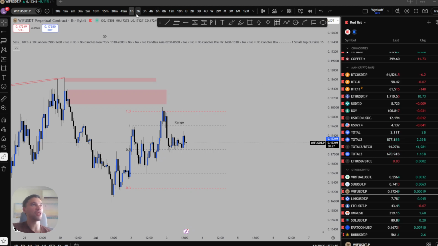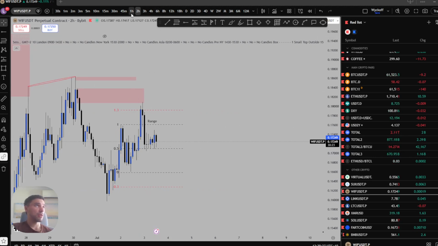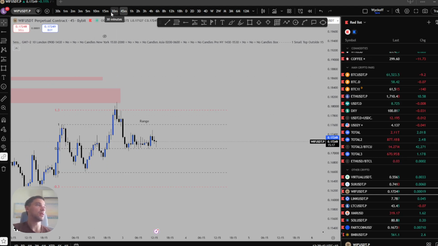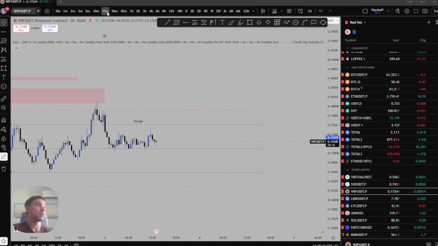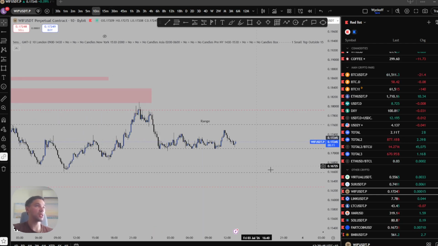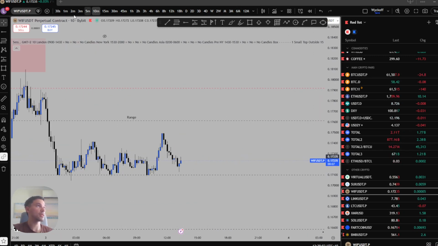Yeah, it's borderline stretched out, but you can see that we've come back. As much as we have a close just outside, we have come back straight away. So, given all conditions permit me, I am willing to short a move on this.